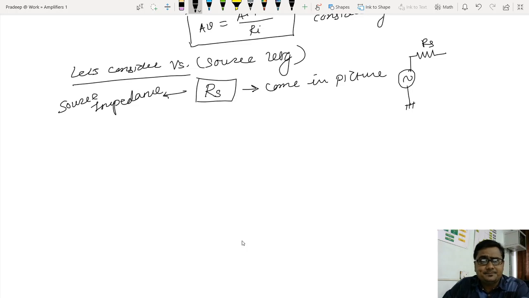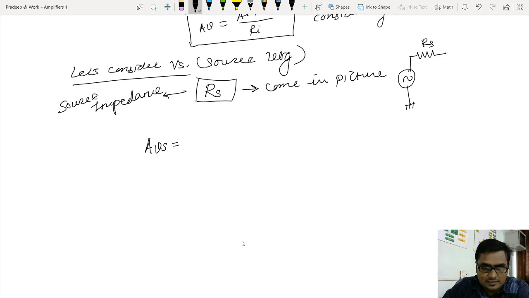Now if I want to find the voltage gain considering source voltage, the notation that I am using is AVS. It is obviously different from AV. Now AVS is output voltage divided by input voltage. What is the input for me now? Input for us is now the source voltage.